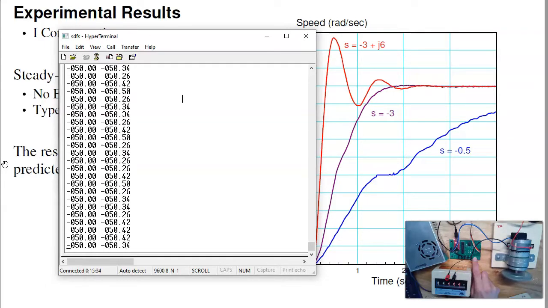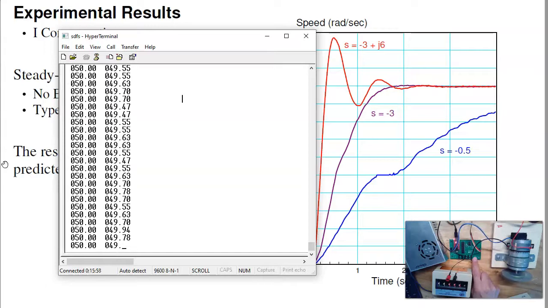To the pole at minus 3 plus j6, the root locus predicts that if I do that, I'll start having overshoot. So make C 0.87 microfarads. And C goes to minus 50, there's a little bit of overshoot.